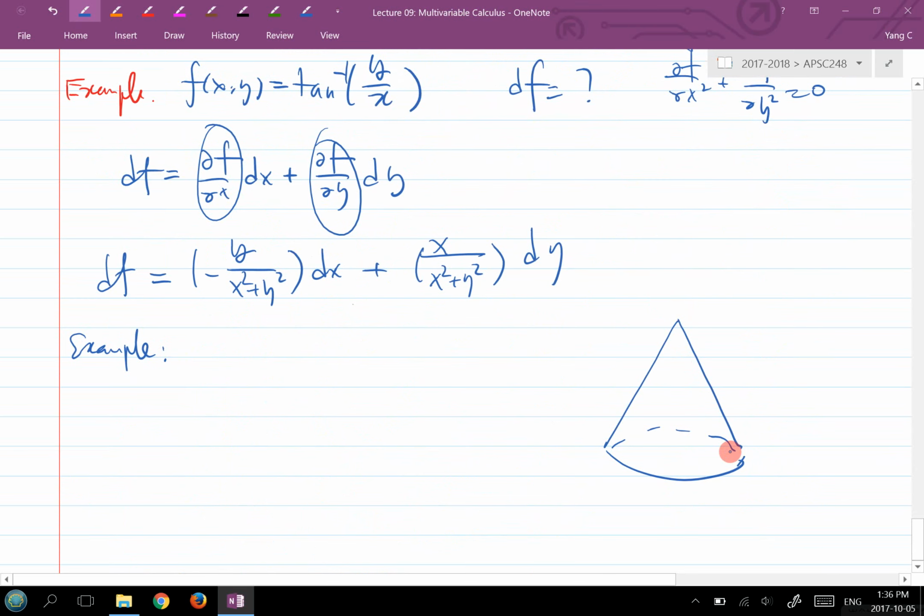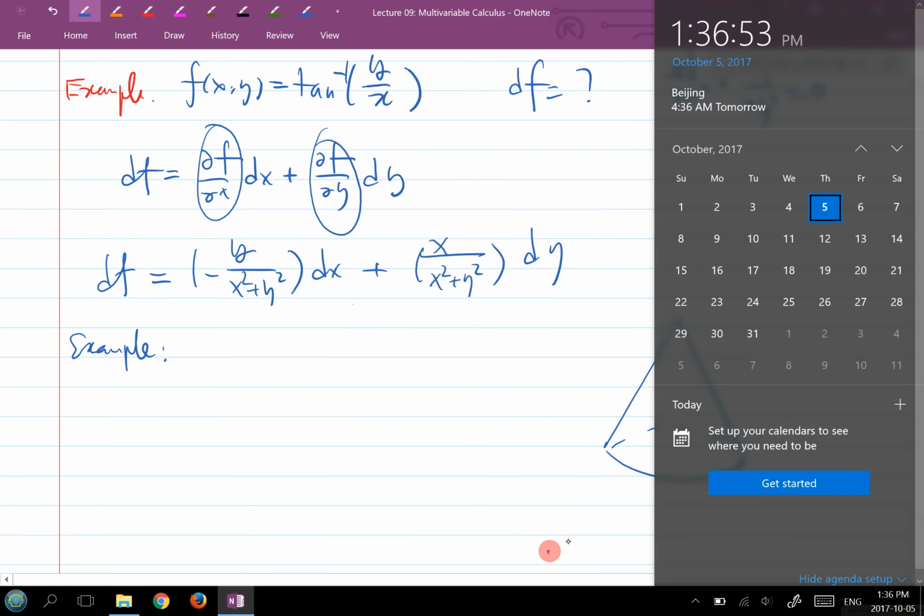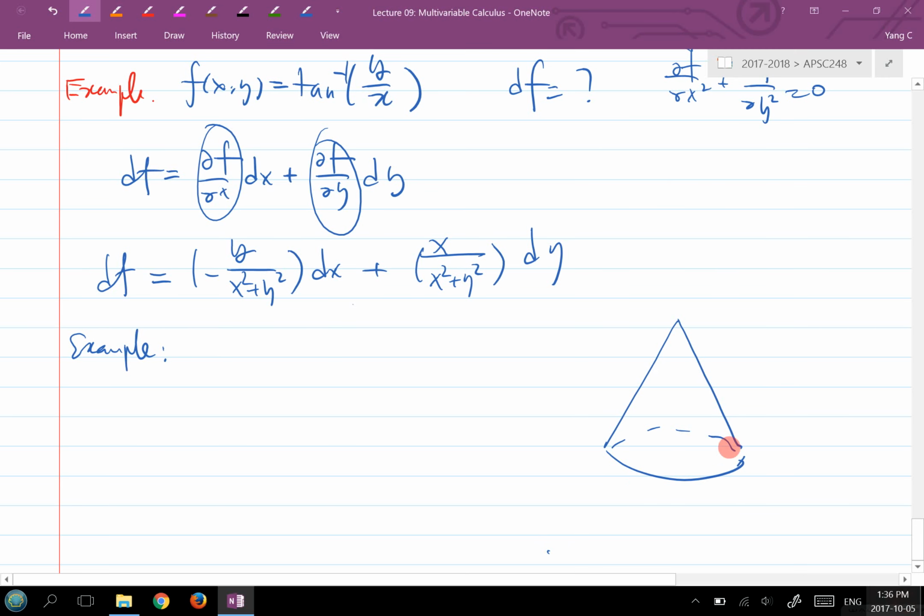The cone has a bottom with a radius r, and it also has a height h, right? You can use r and h to calculate its volume, which is 1/3 pi r squared times h.